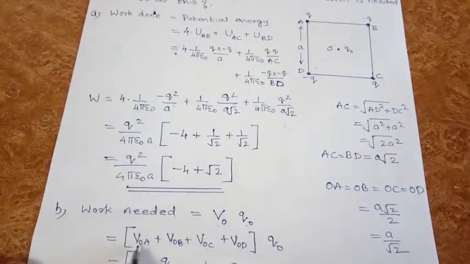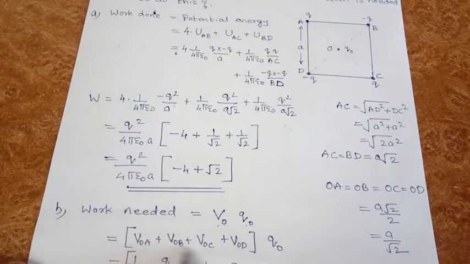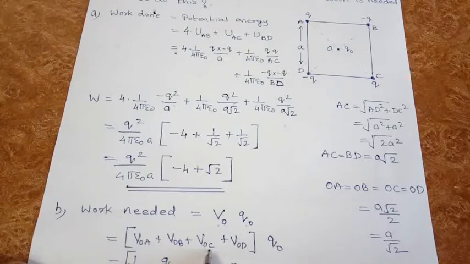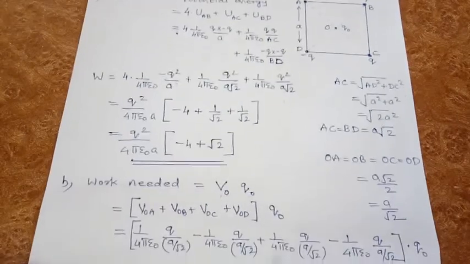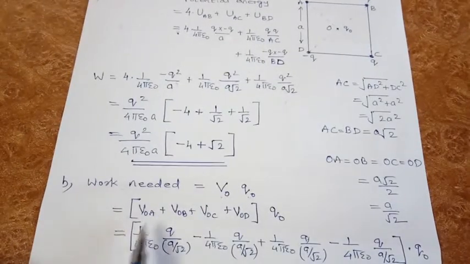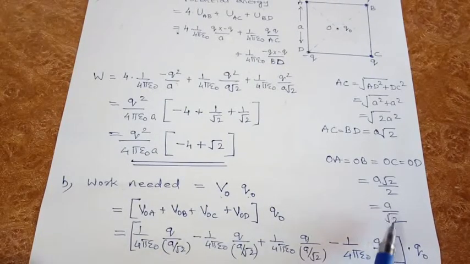That will be equal to the sum of 4 potentials: potential at the center due to charge at A plus potential at the center due to charge at B plus potential at the center due to charge at C plus potential at the center due to charge at D, into Q0. Now what is the potential at the center due to charge at A? 1 by 4 pi epsilon 0 charge divided by distance. Distance we already said A by root 2.